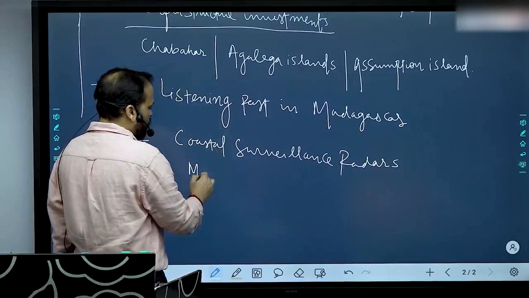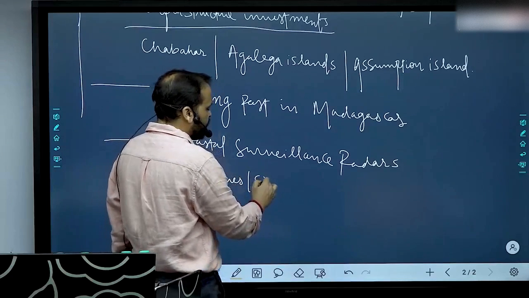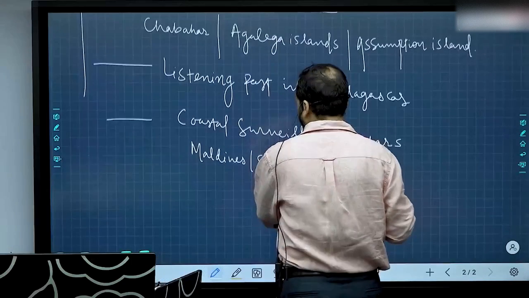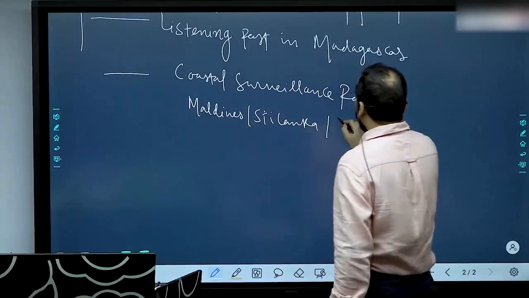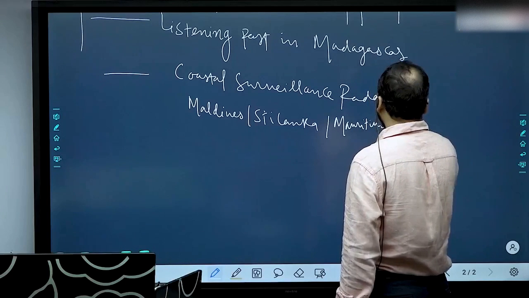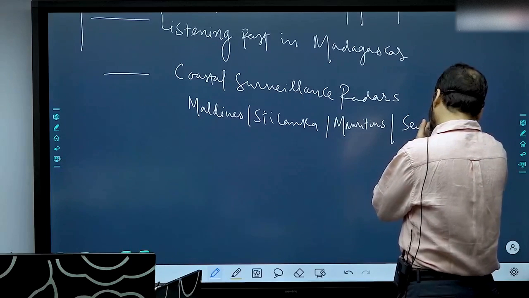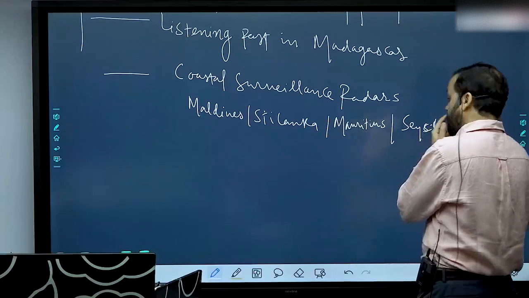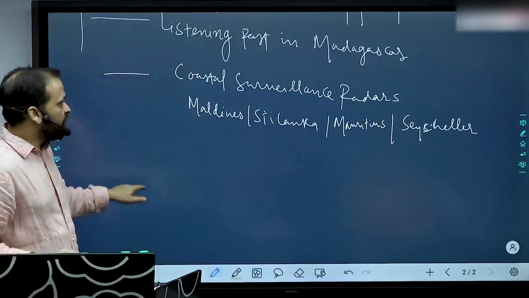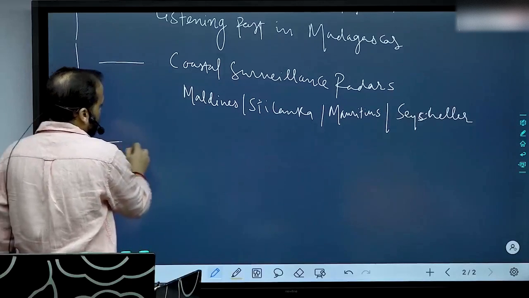So, close to India, Maldives, Sri Lanka, then also Mauritius, then also Seychelles. All right, ये हमने किया है. So this also is part of our preparedness, our cooperation.